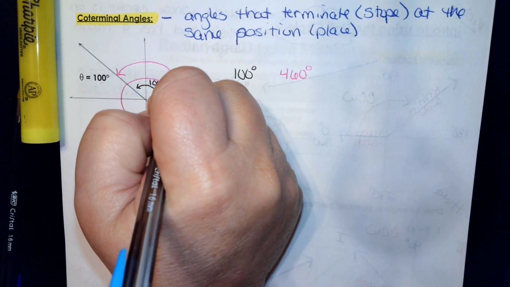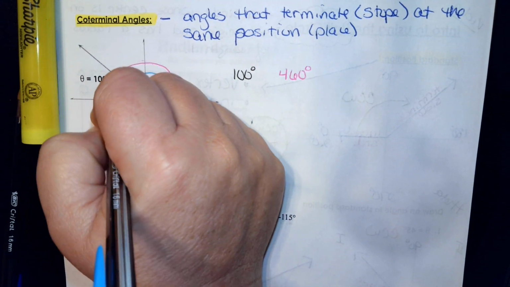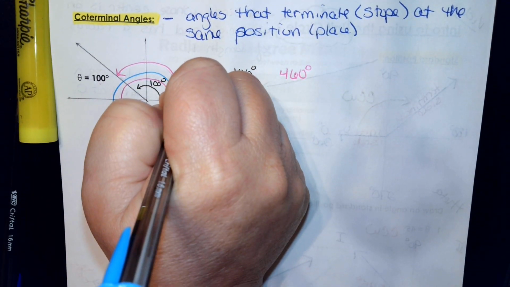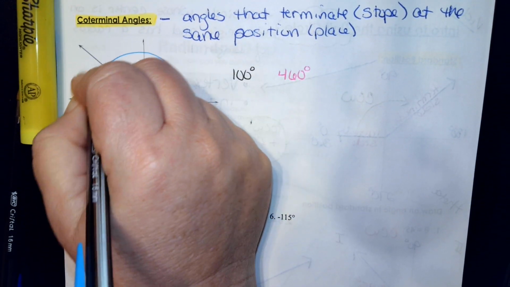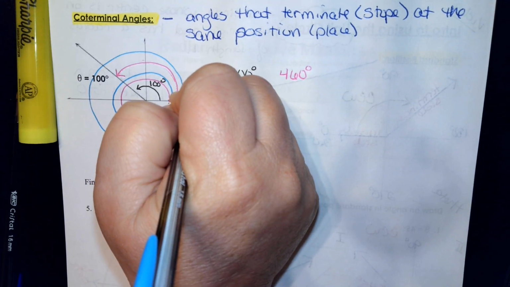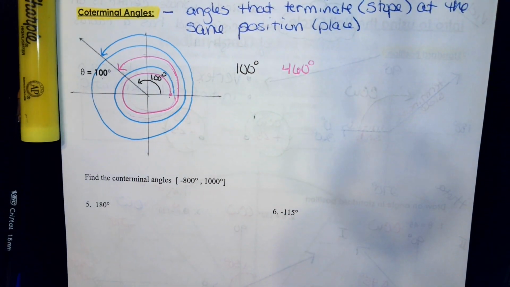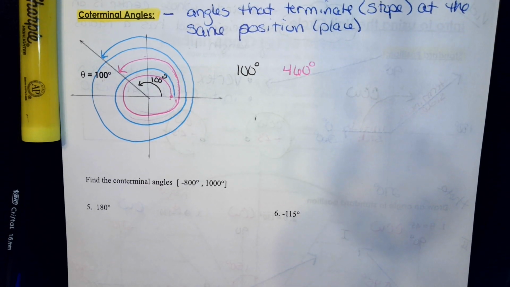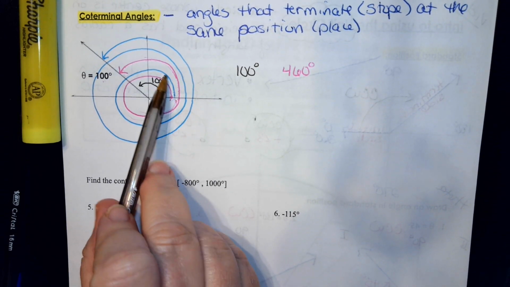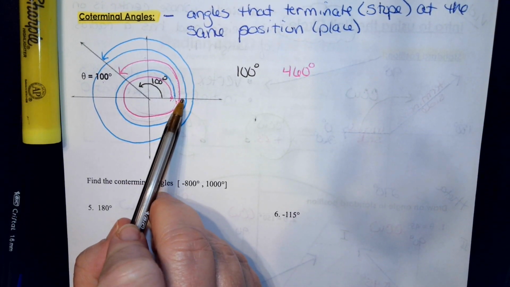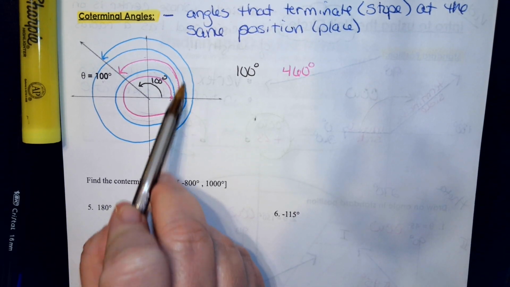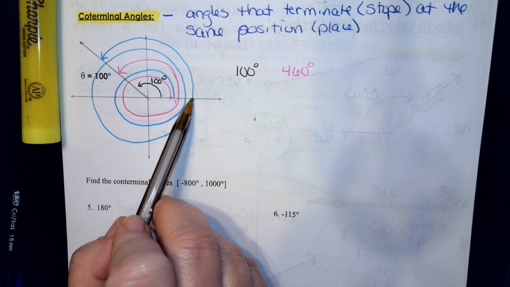Let's say that we had an angle that started at 0 degrees. We got one rotation, then it went another rotation, and then it continued to that same stopping spot. What would that be? Well, one rotation is 360. Another rotation would be an additional 360.